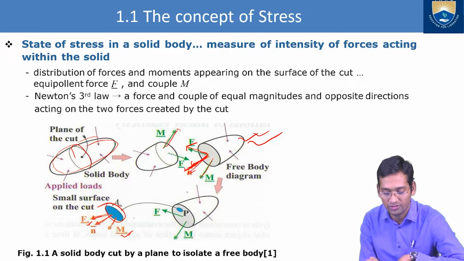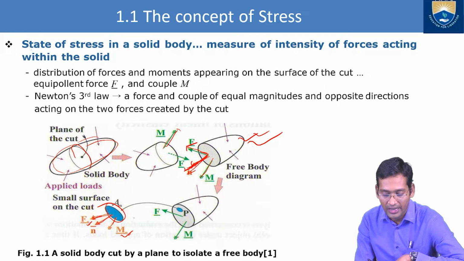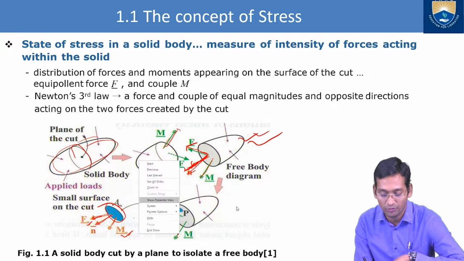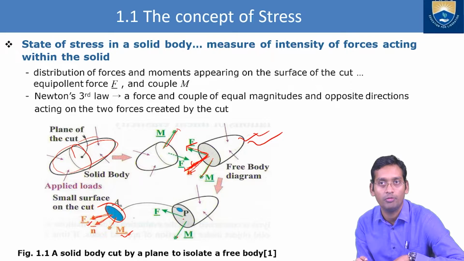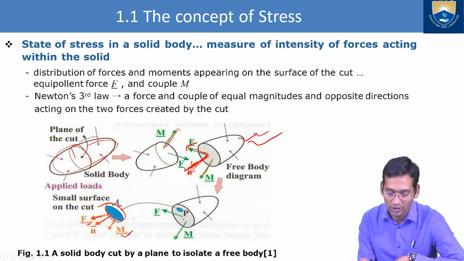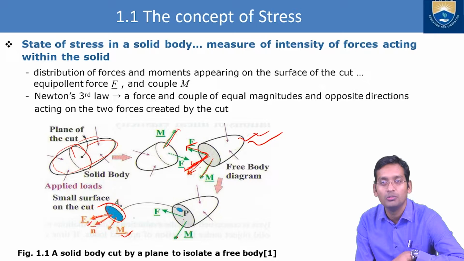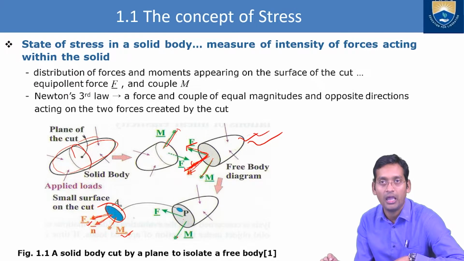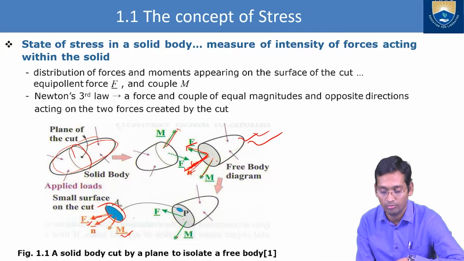Now if you join the force and moment, this is the resultant force acting on the body, right? So this is how, once force is applied, the body breaks into two pieces, and then how the force, moment or couple and the area vector act on the surfaces of the broken body.